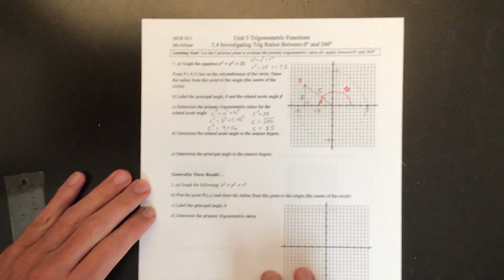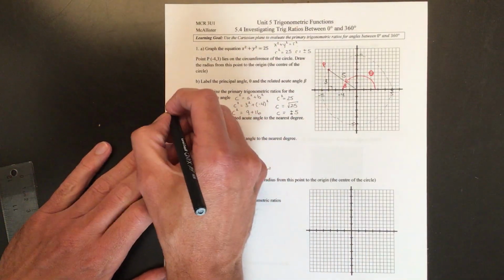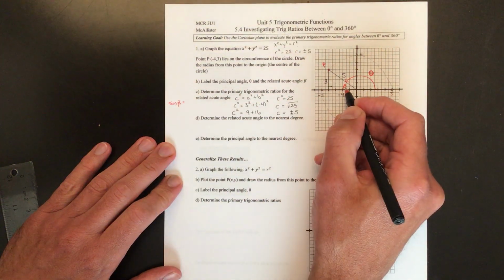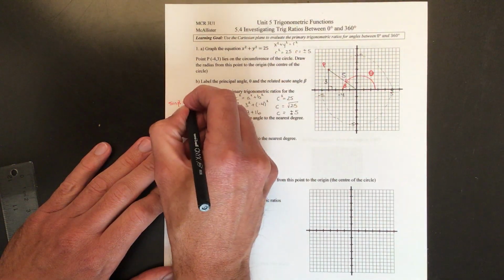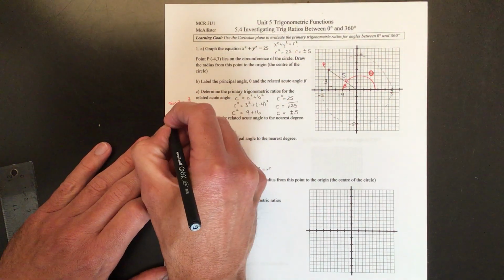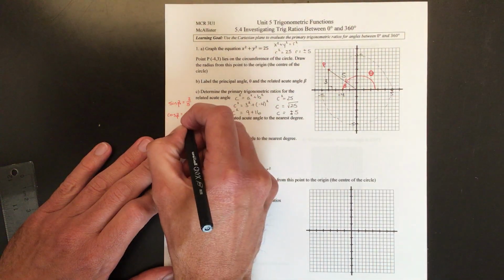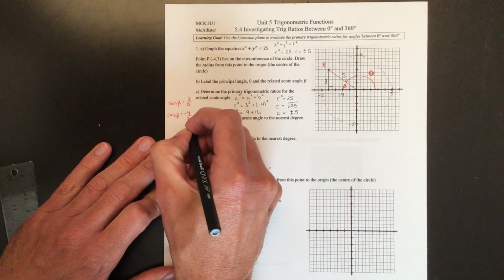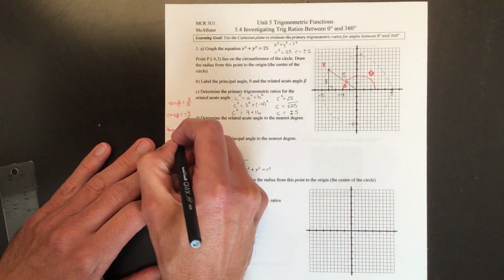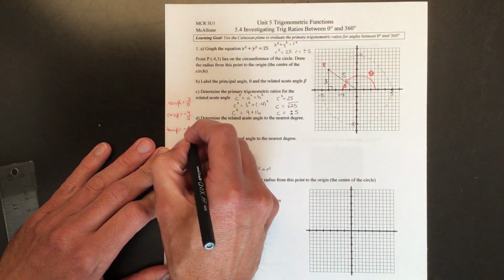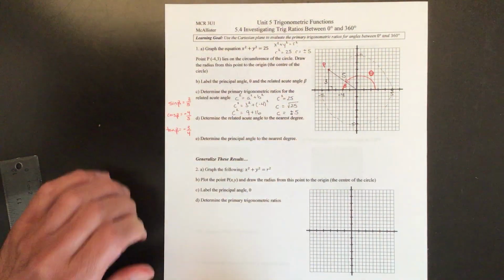So if we use sine, for instance, sine of angle beta is opposite over hypotenuse, 3/5. Cos, adjacent over hypotenuse, -4/5. And tan is opposite over adjacent, which is -3/4.